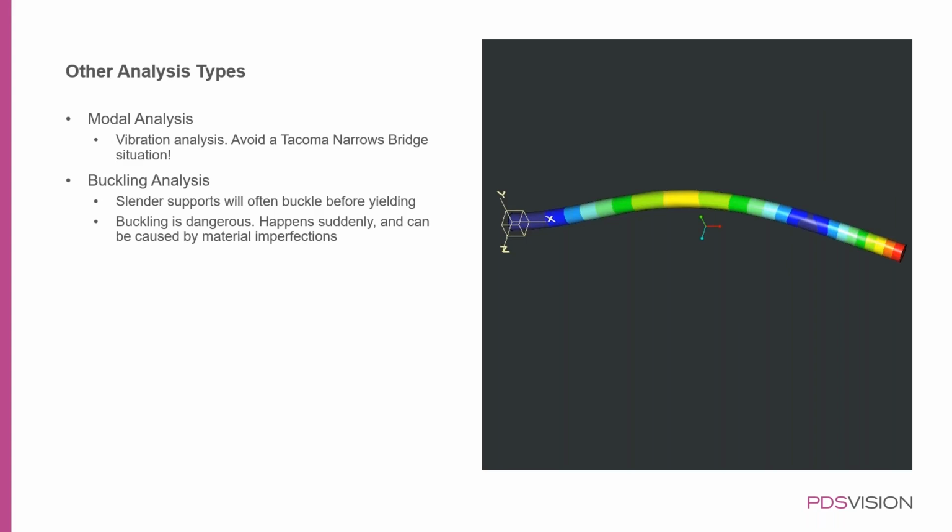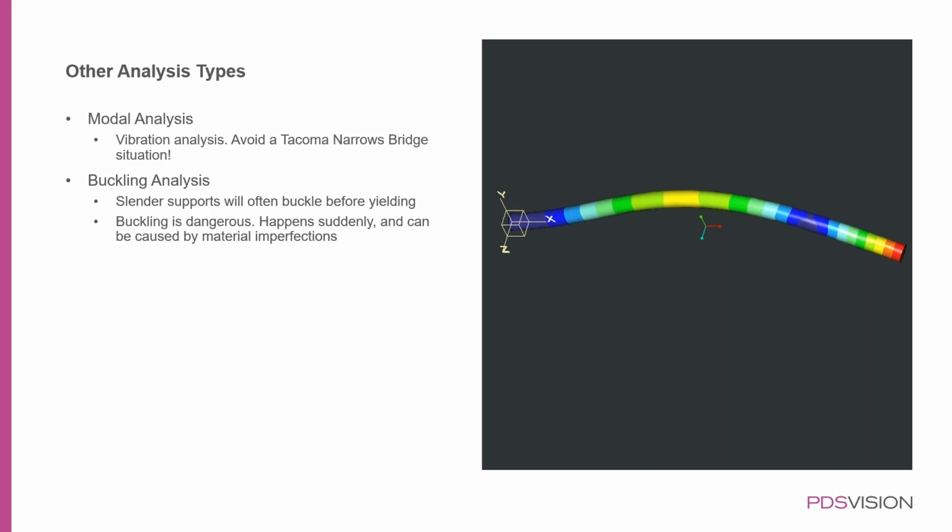The other analysis types I'm going to be talking about are modal analysis and buckling analysis, and thermal, but I'll cover that on the next slide. Modal analysis deals with vibration. Every single item in the world has several of these natural frequencies.